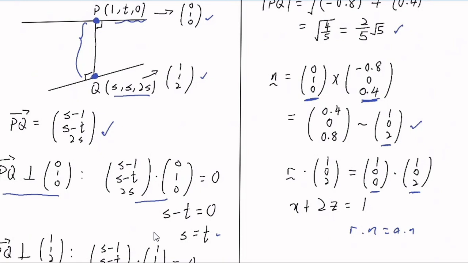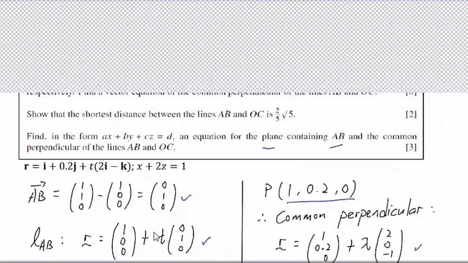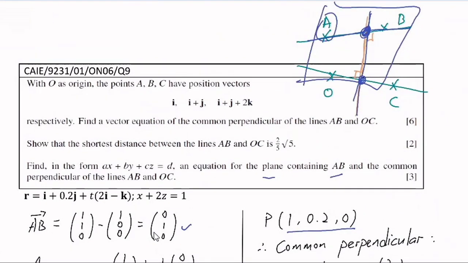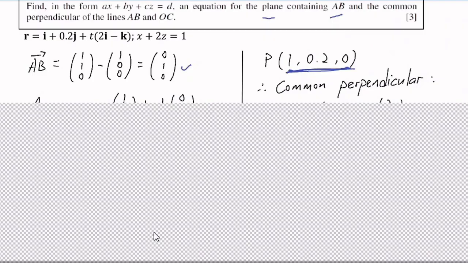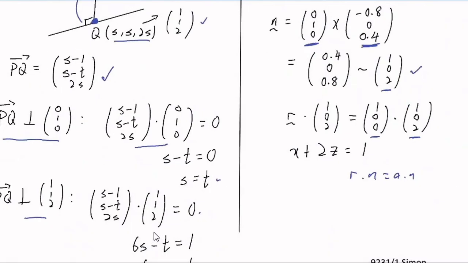The point A is the point that the plane passes through. The plane passes through quite a lot of points: point A, point B, or it could also pass through P and Q. Let's say we use point A, which is the easiest, just (1, 0, 0). So we put it in there, and from there we get the equation of the plane.